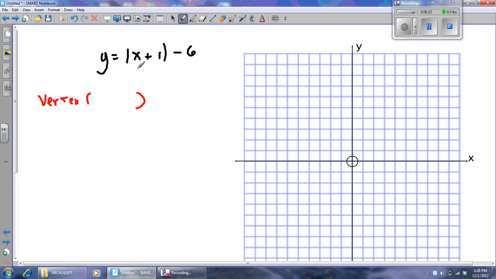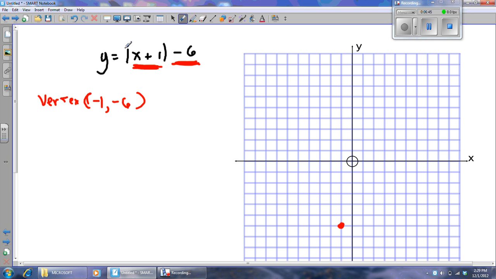Well, if you're ready to see the solution, the vertex is what makes this 0. The x-coordinate of the vertex is negative 1. The y-coordinate of the vertex is this number, minus 6. This vertex occurs at negative 1, negative 6 right there.